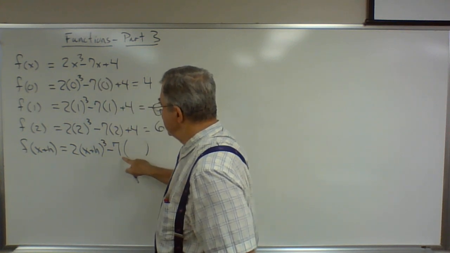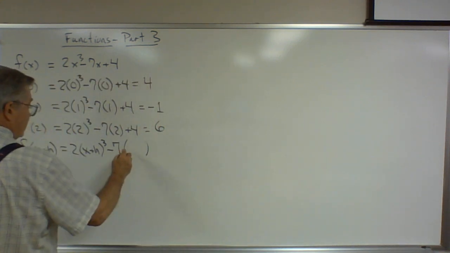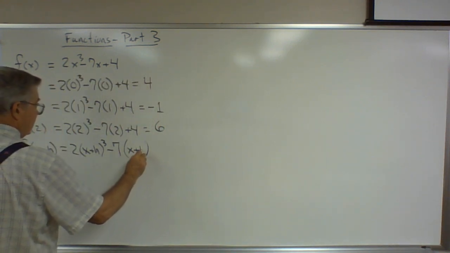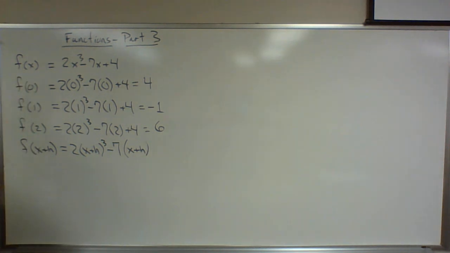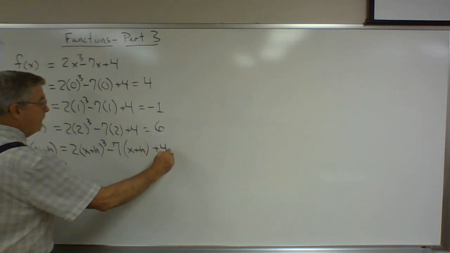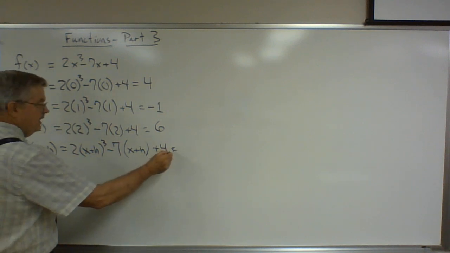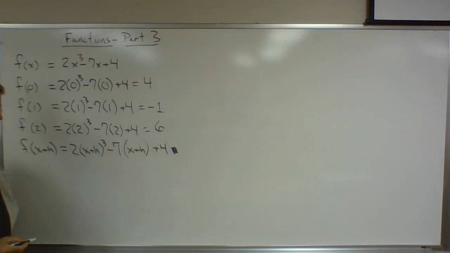Down here, we'll have negative 7 times x plus h. And then we also have 4. And you know what? I'm just going to leave it like that.